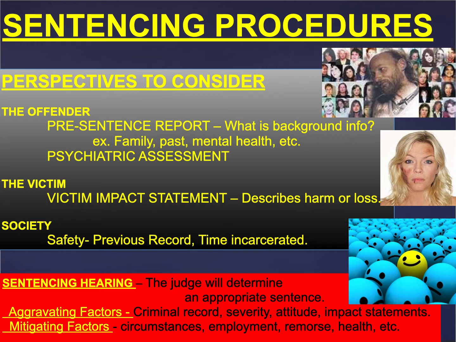Some aggravating factors from the sentencing hearing are criminal record, severity, the convicted person's attitude, and what was said in the victim impact statements. Mitigating factors include the circumstances, employment, and remorse. Did the accused and convicted show any remorse? Did they apologize, or were they stone cold?